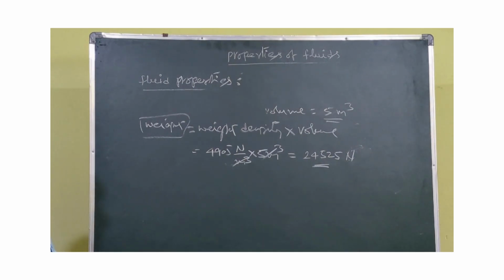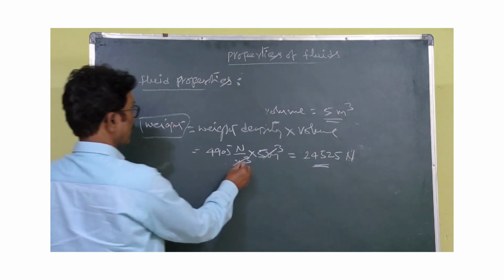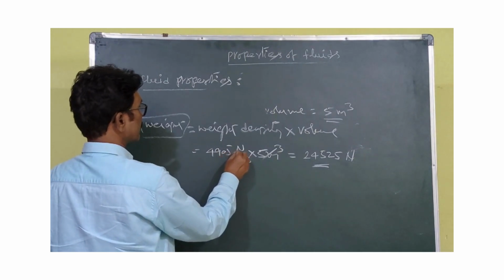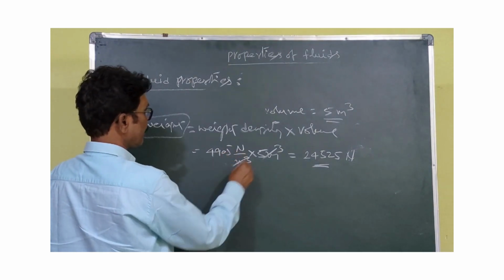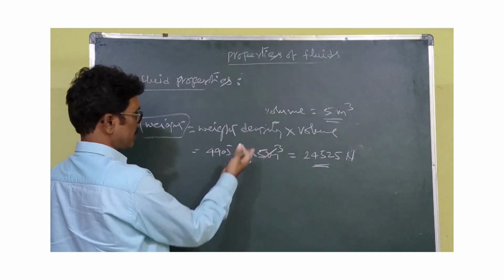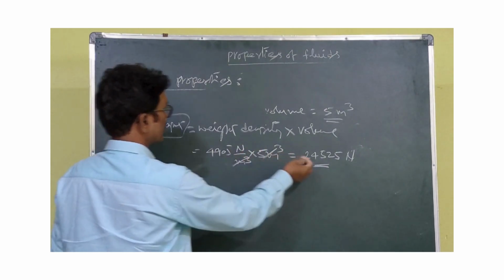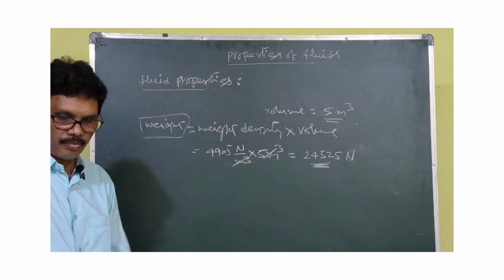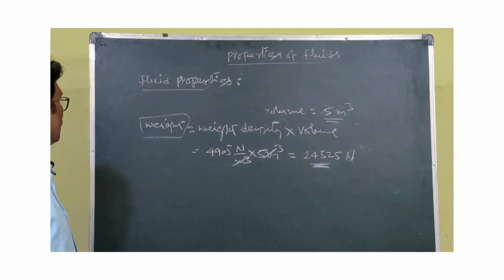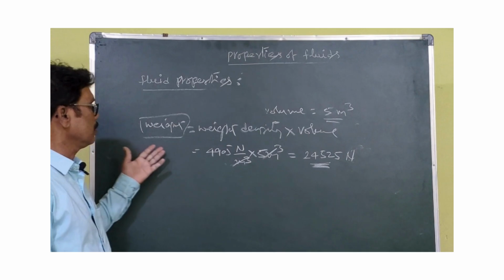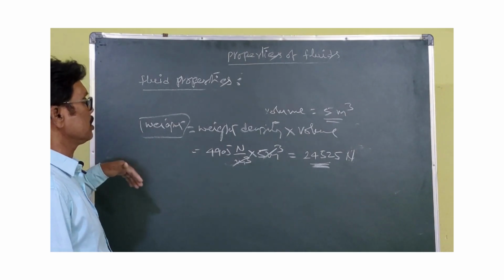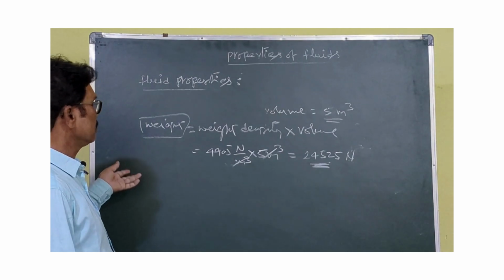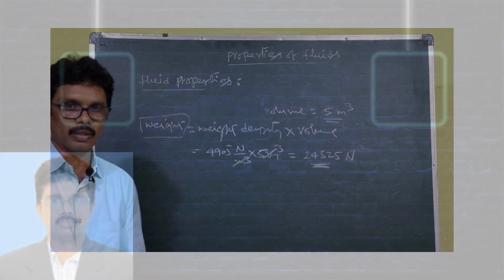That you have to understand. From 1 meter cube, 4905 Newtons can be accommodated. Then in 5 meter cube, how much? That is the simple equation. So you simply multiply and get this many Newtons. From this we can calculate anything, whatever you want. If you know these relations between weight density and mass density, you can calculate volume, mass, weight, all these things.